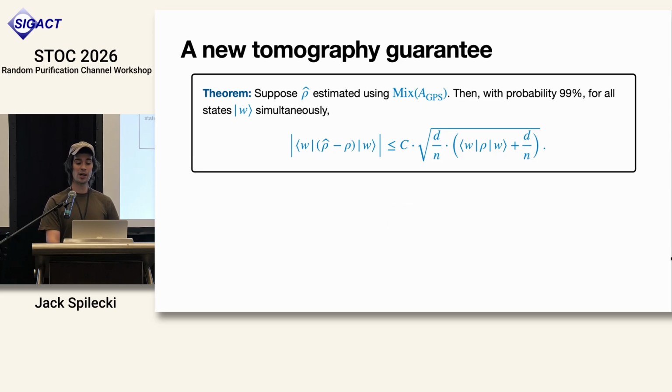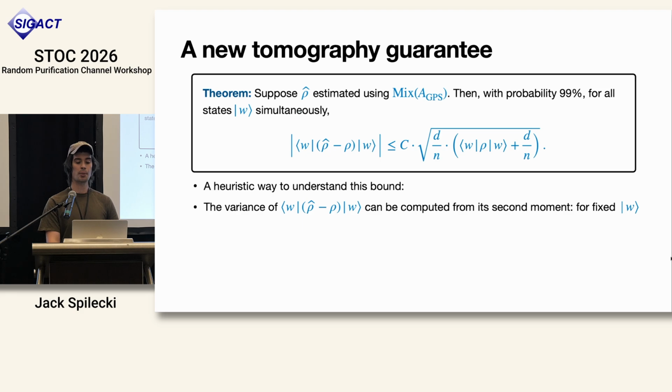Okay, maybe I can also give you some further intuition, a heuristic way to understand this bound. What you can do is you can actually compute the left-hand side, the variance of this term here. This can be done using some techniques from our first paper. We gave an expression for the second moment, and you can just use this to compute the variance. And what you get is this variance here, which looks essentially the same as what's under the square root, except without this d.